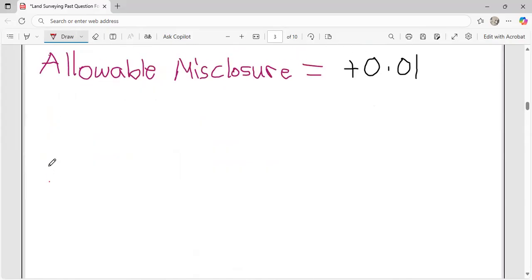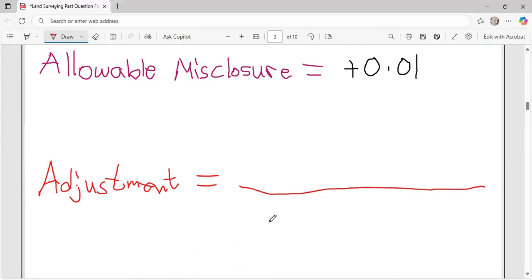Then our adjustment is equal to what? Allowable misclosure over the number of backsides.